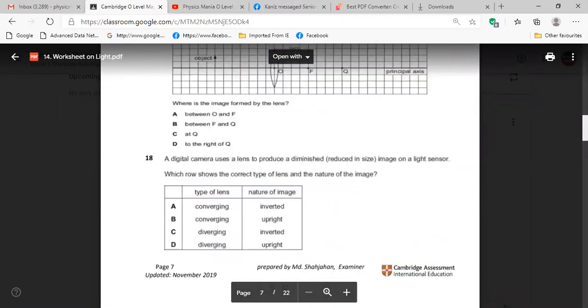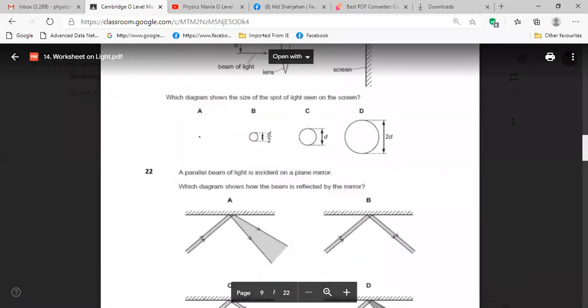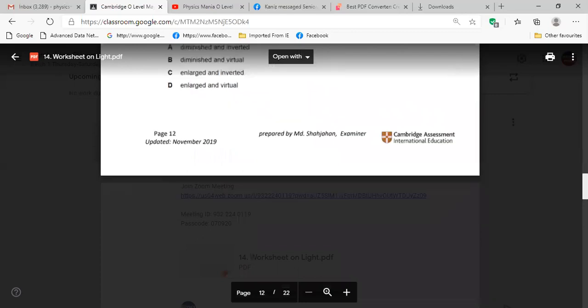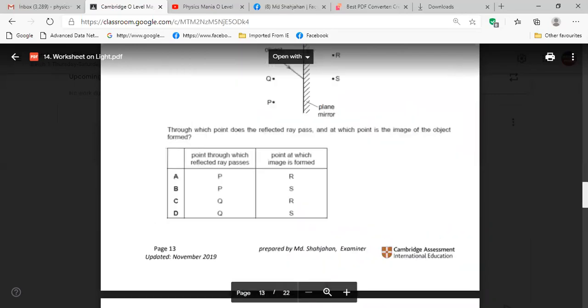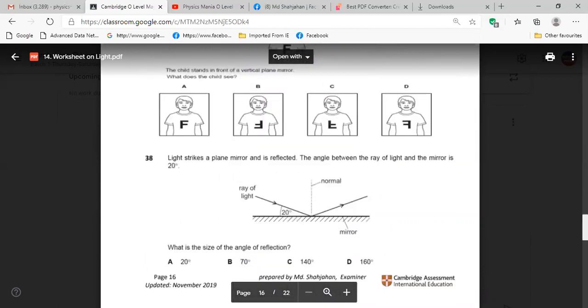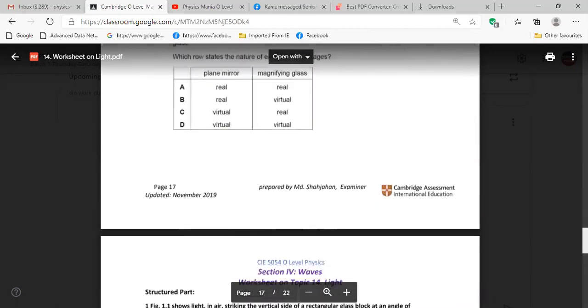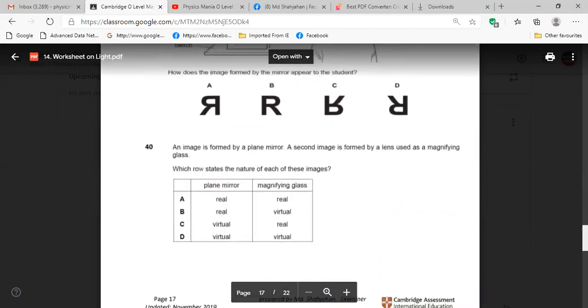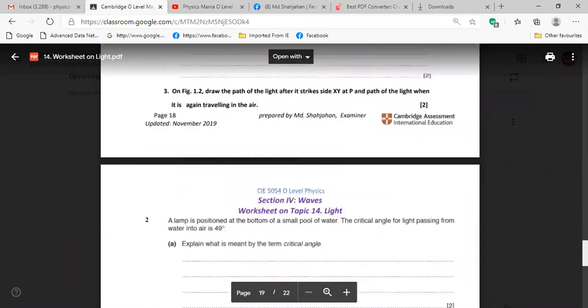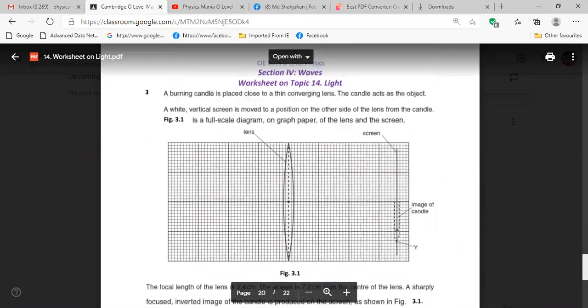How many MCQ questions are here? Look, so many MCQ questions. 40 MCQ questions here, and after that, we have structured questions.